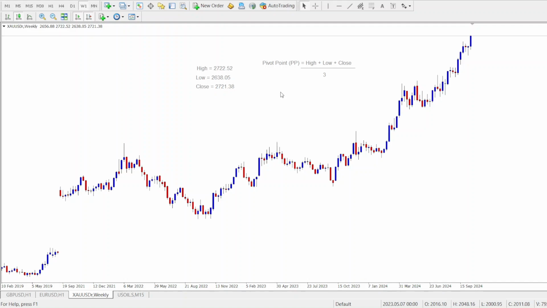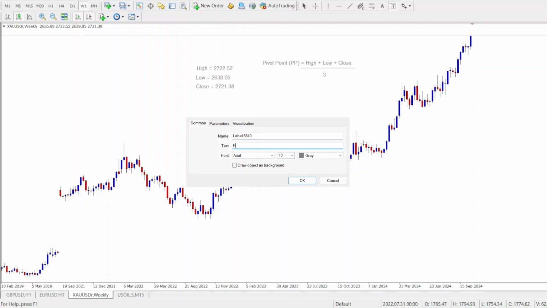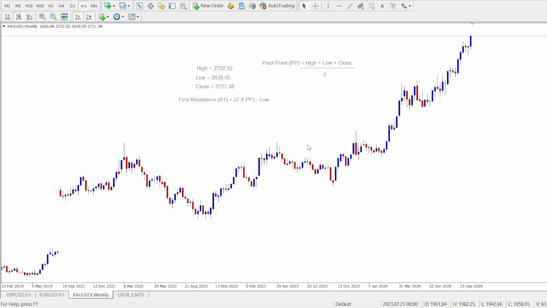Now, this is the weekly pivot point that we are considering here. As for our first resistance, the formula is 2 multiplied by pivot point minus the low.